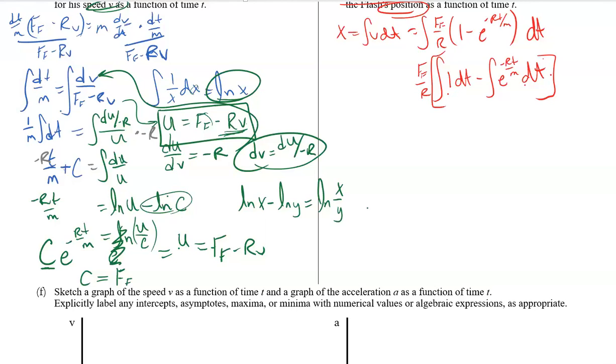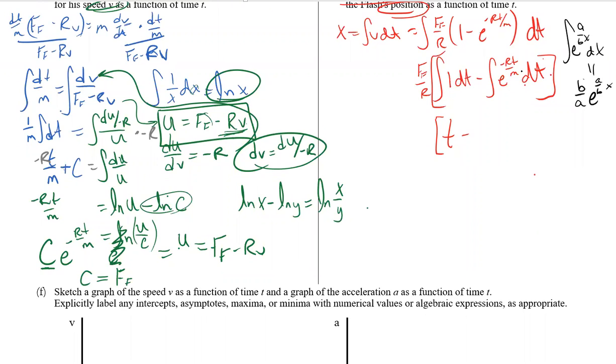Then this first term should integrate easily to you. You should remember that the integral of 1 dt is just going to be t. And the other integral is one you're going to have to memorize also. The integral of e to the a over b x dx is equal to the flip of the coefficient times the exact same thing again, so it would be b over a, e to the a over b x.